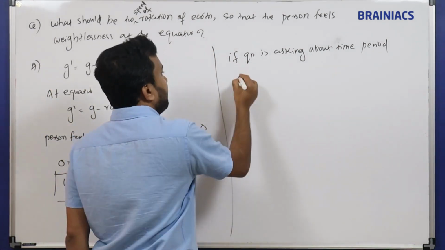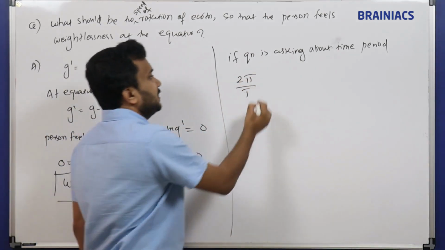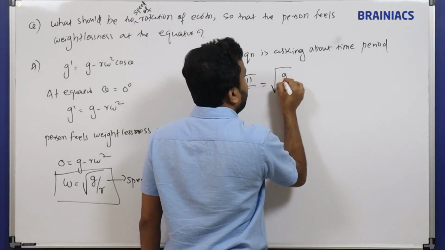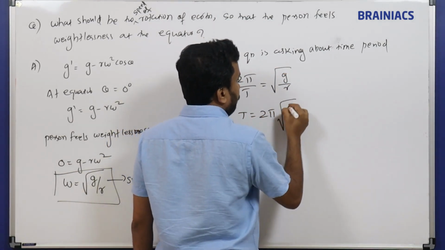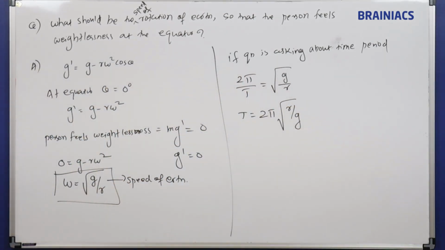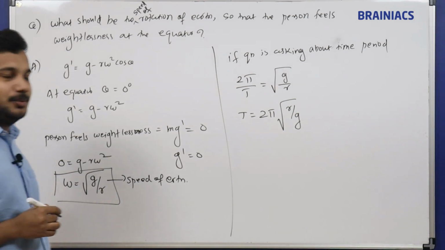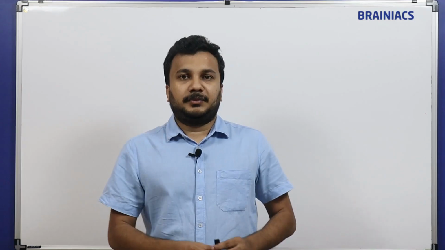Omega is equal to 2 pi by T. The right hand side will be the same, equal to root of g by R. So T is equal to 2 pi into root of R by g. R is the radius, the radius to that point.